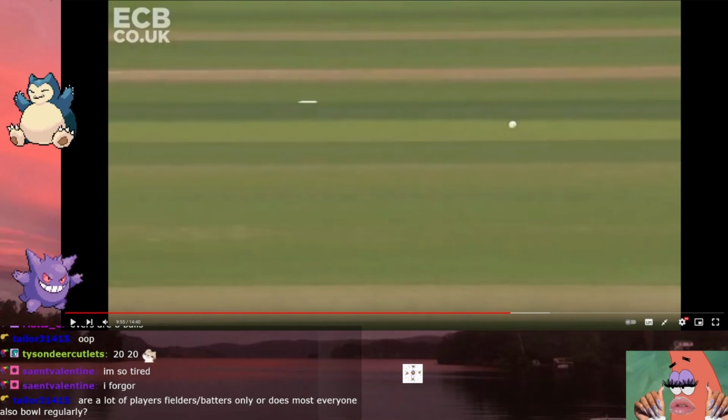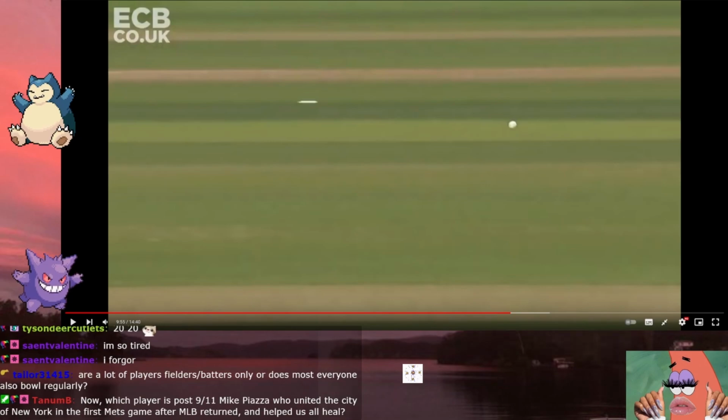Then in a limited overs game, you need at least 5 people who can bowl 10 overs or 4 overs. The way the rules are laid out means that you will need a minimum of 5 people to bowl in a cricket game, because in a 50 overs game, no bowler can bowl more than 10 overs.